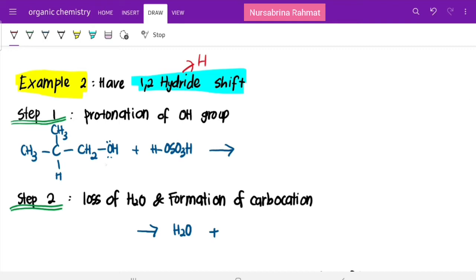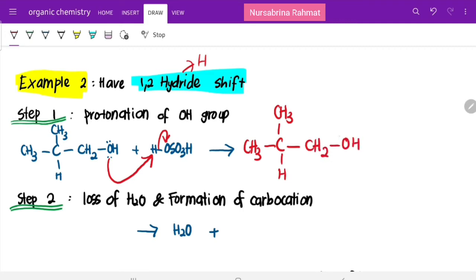As always, this lone pair from the oxygen in the OH will attack this hydrogen, and as a result, the bond between the oxygen and H in the sulfuric acid will break heterolytically, resulting in the formation of protonated alcohol with a nucleophile. That nucleophile will be useful at the end of the dehydration of alcohol.